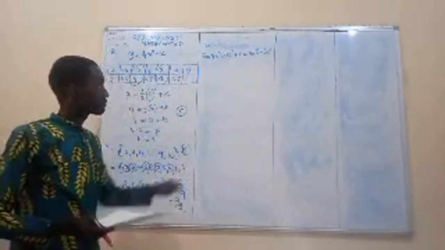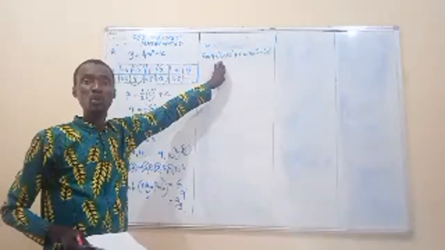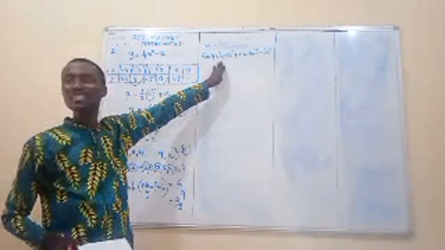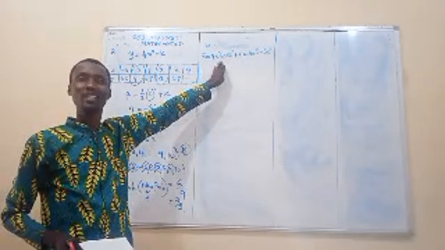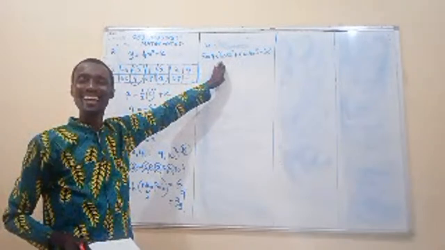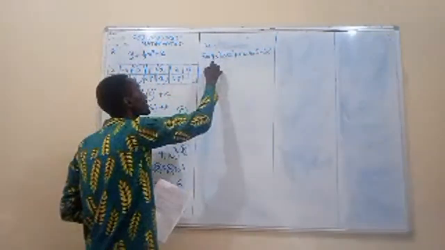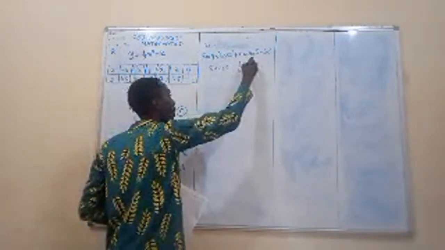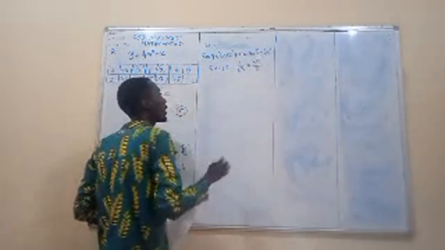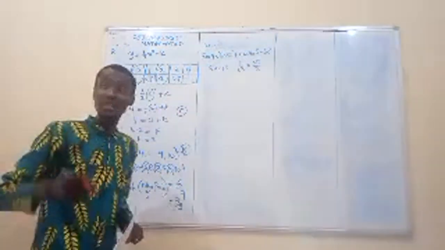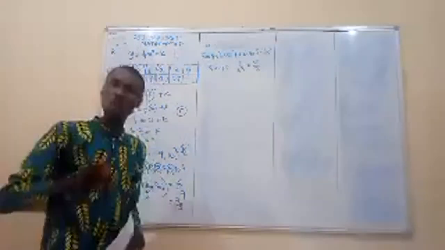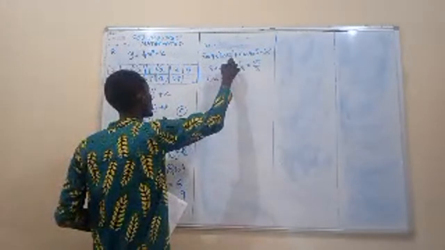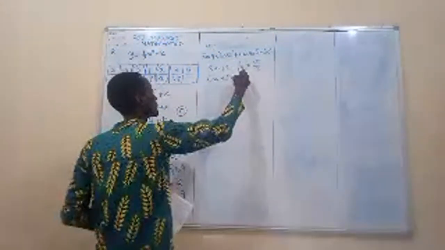Now, to solve a question like this, you must have a sound knowledge of your special angles, or what we call in technical drawing or basic tech, standard angles. Now, what is sine 45? 1 over root 2, or root 2 over 2. Now, I know this, and for every student preparing for WAEC, you must know all of this. It's important. Then we have cos 30 degrees, which will be what?